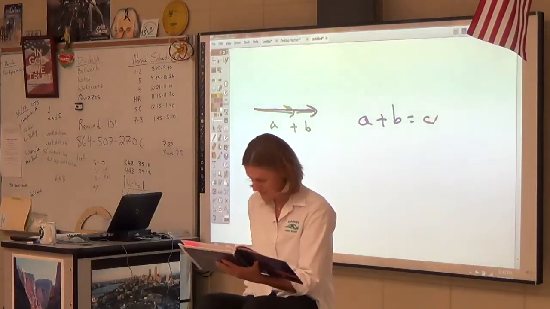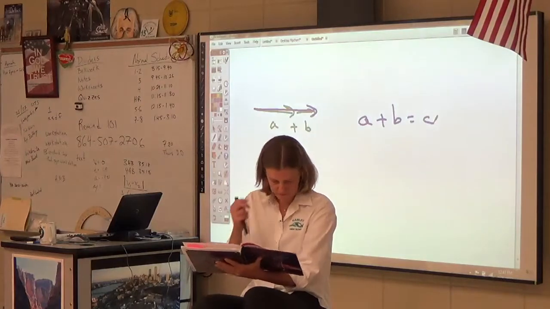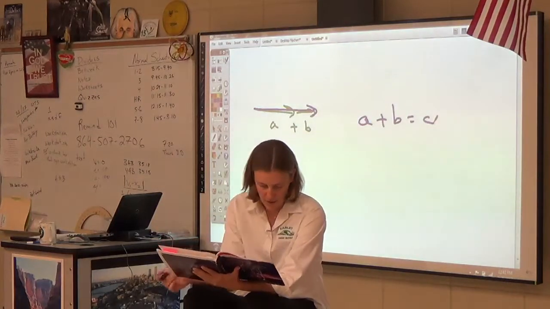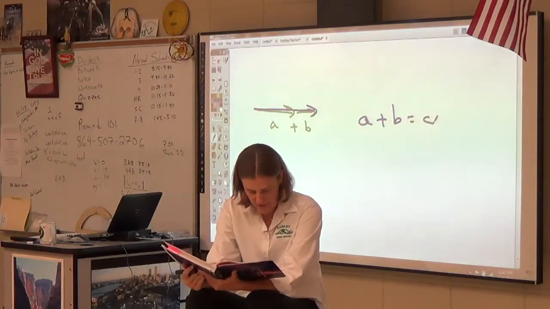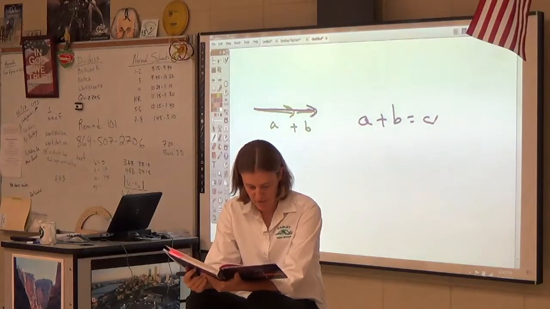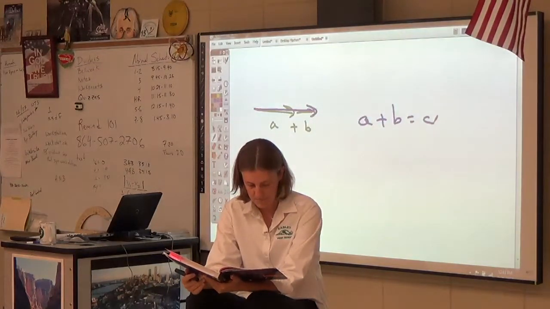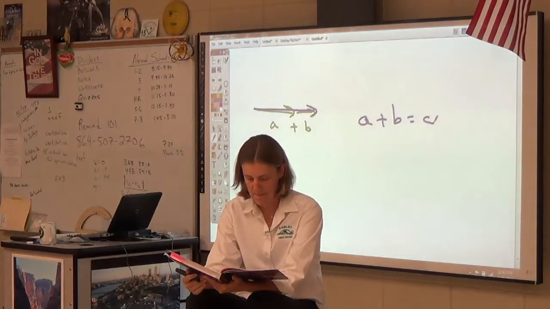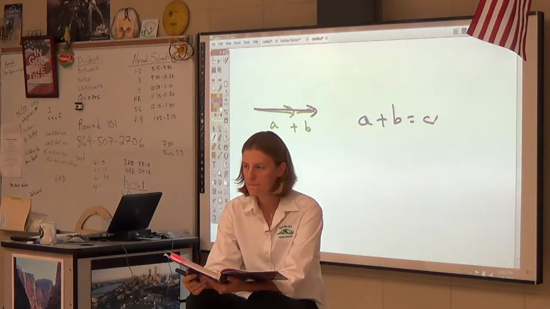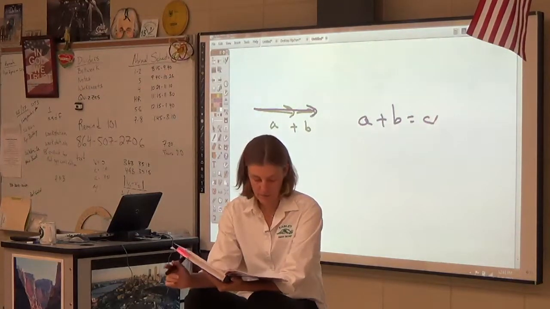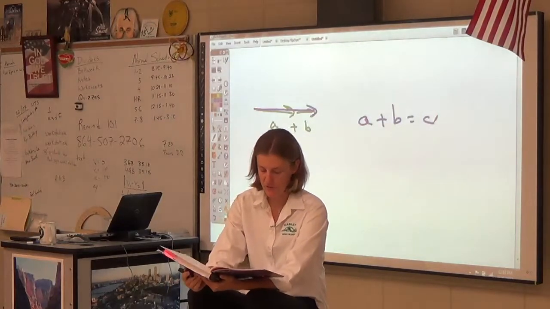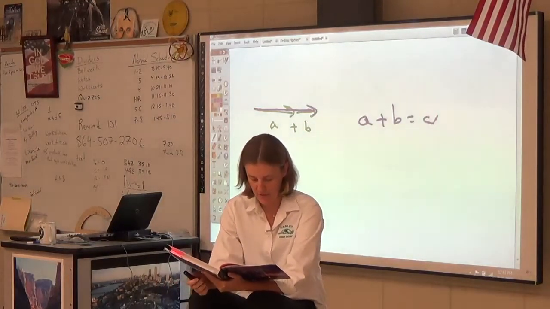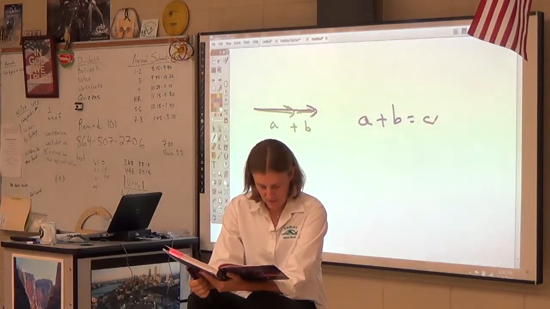Okay, Emily, you got number 6. Can a vector have 0 magnitude if one of its components is not 0? Give me an example. Okay, but just one vector, not the addition of two vectors.